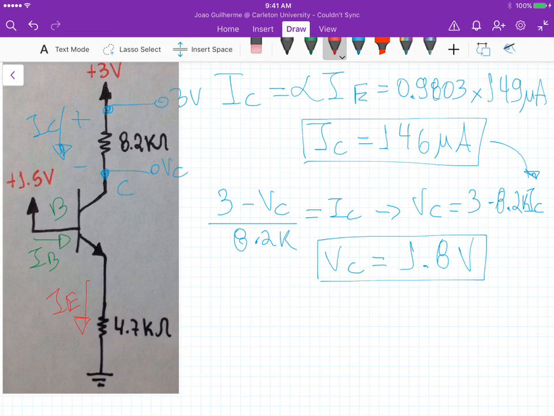And we know that IE is equal to IB plus IC, so IB is equal to IE minus IC.